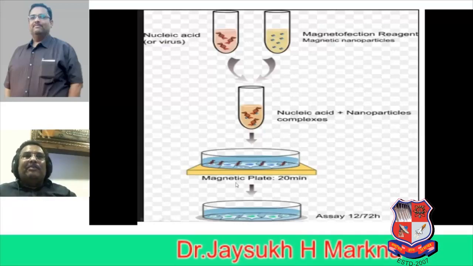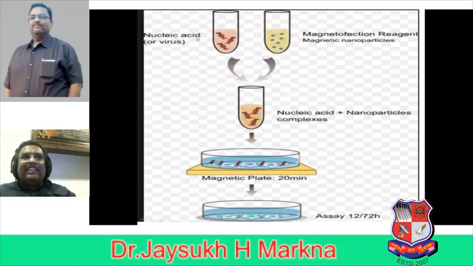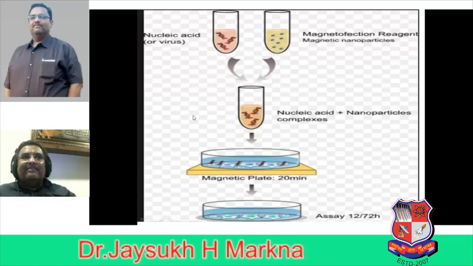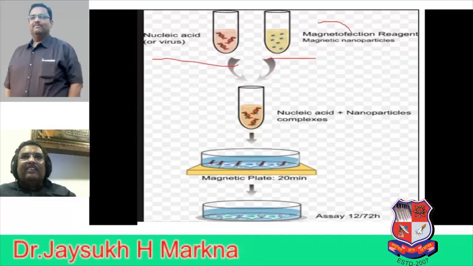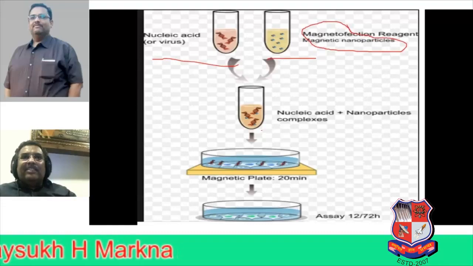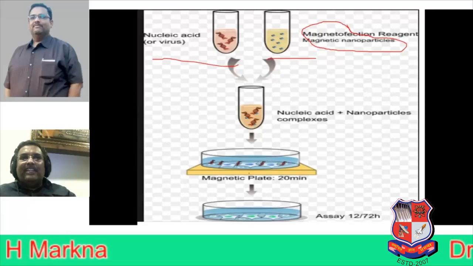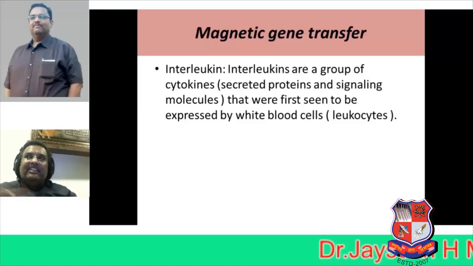So here you have magnetic plates which produce a magnetic field, here nucleic acid, and another, we have a magnetic nanoparticle. Mix both the things and put it in a petri dish. Just below that you have the magnetic plates. So due to interaction between magnetic nanoparticles and the magnetic field, this process becomes very fast.